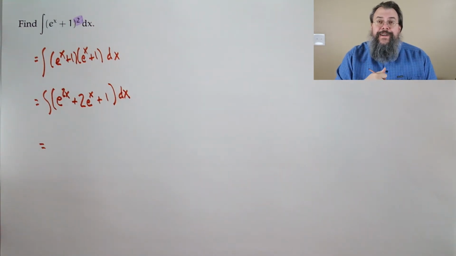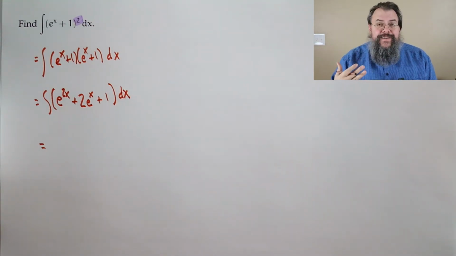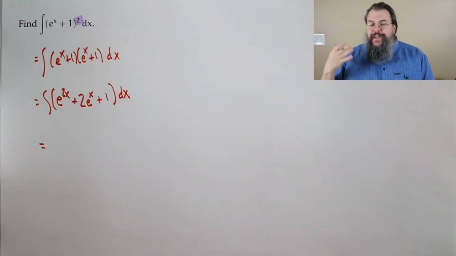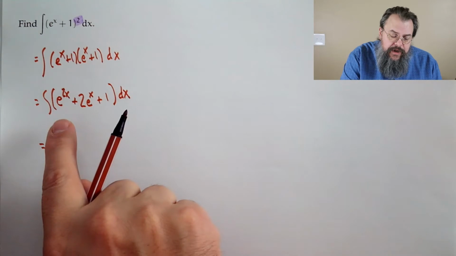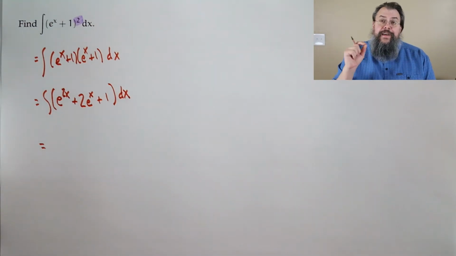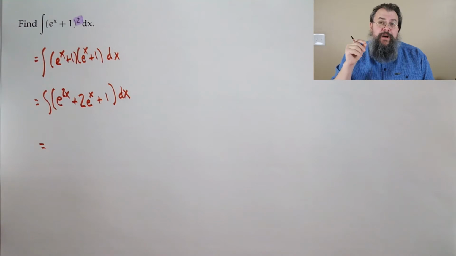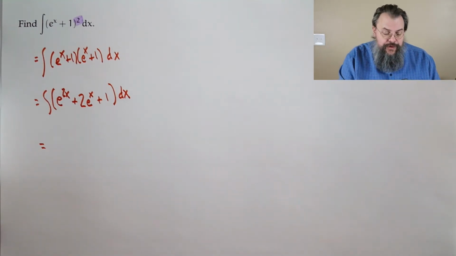E to the x, beautiful. We can do that. E to the x is one of the funnest things because if you differentiate it or you integrate it, you get back to where you started. Now, e to the 2x is also not too bad. It's not very far off from e to the x. You just have to be careful about the 2. So, how do you be careful about the 2?